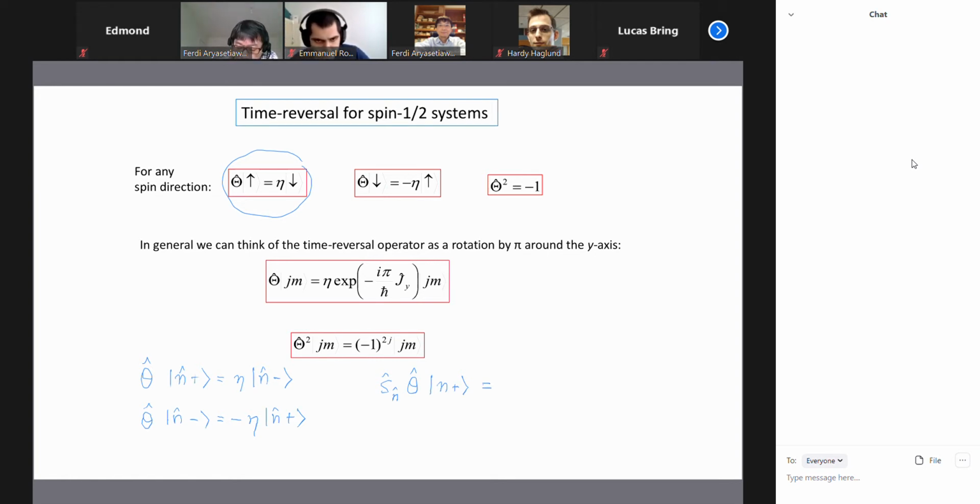The spin operator anti-commutes, so that becomes minus h bar over 2 and plus, because this is an eigenstate of S_n, the spin operator along the n direction. Then the same argument follows like before. That is kind of clear, I think.